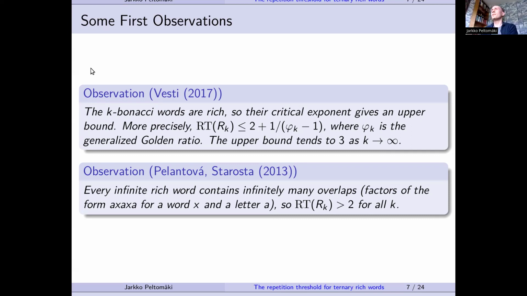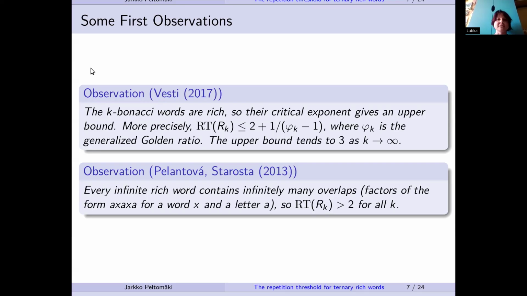You can check it in the paper by Vesti and also the paper by Glenn and Justin, that they were able to determine the asymptotic version, the asymptotic critical exponent. And this is why in our paper with Edita, we determined the critical exponent. It is the same, so there's no change, but it was necessary to do this also.